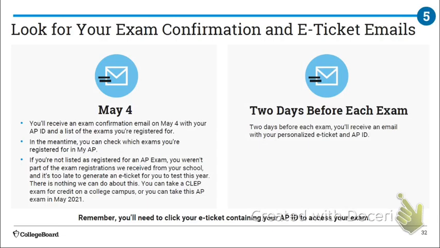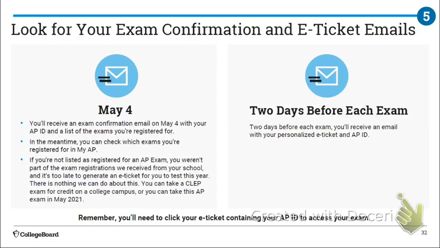Okay, so as I said, guys, on May 4th, you will receive an email confirmation that will have your AP ID. You will also on May 4th have the ability to go to that demo simulator and practice uploading things and practice answering questions. Before May 4th, that's Monday, again, verify that your email address on your My AP account is the one that you want to use, and check it regularly.